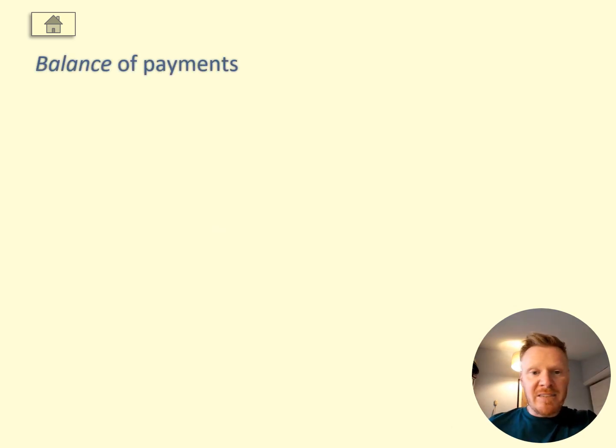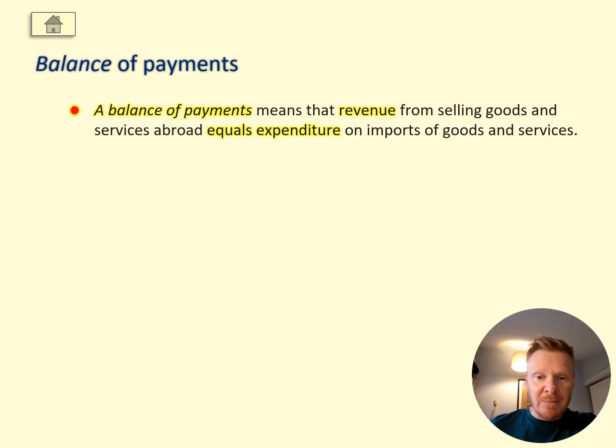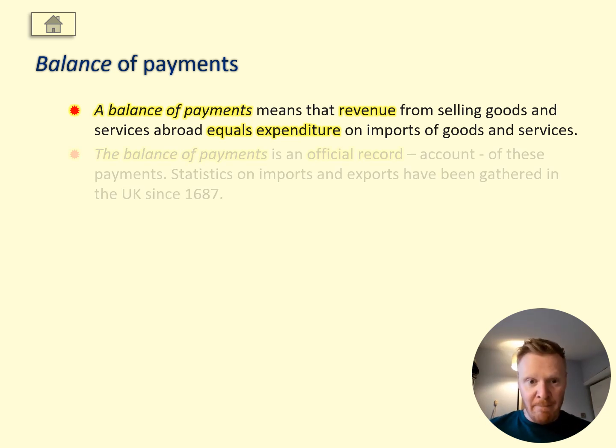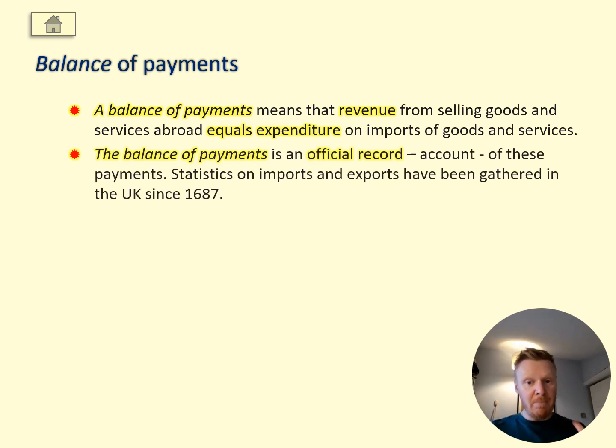So, let's begin with what is the balance of payments? Well, a balance of payments means that the revenue from selling goods and services abroad equals expenditure on imports of goods and services. In other words, X equals M. But the balance of payments is an official record. It's a set of accounts.